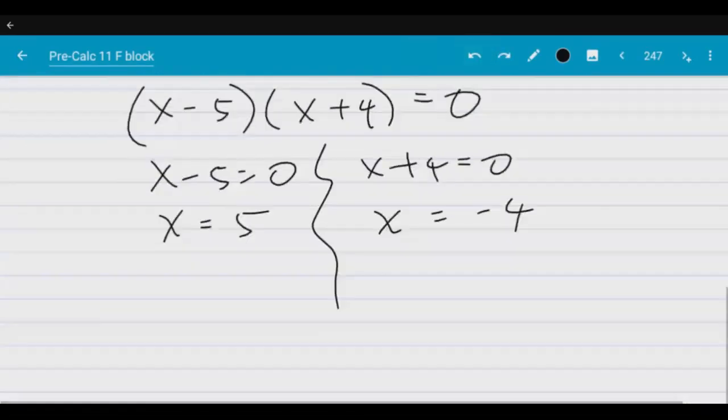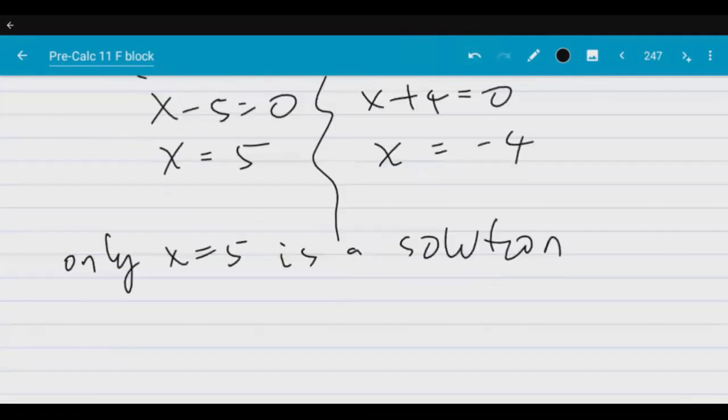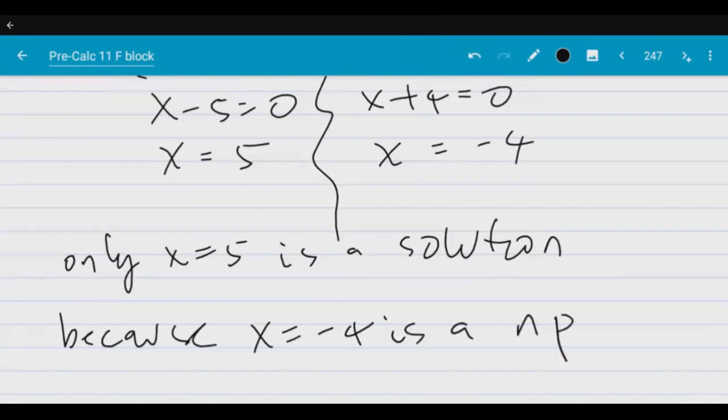Only x equals 5 is a solution, because x equals negative 4 is a non-permissible value.